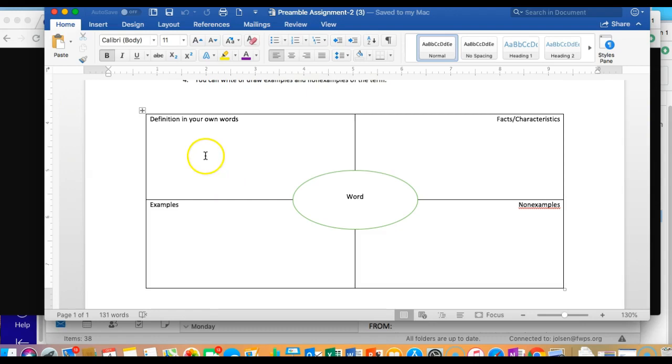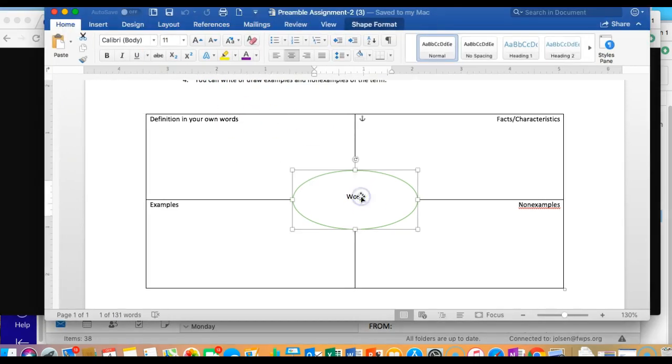Now, our example is going to be a car. So I might write that here. Might write the word car here.